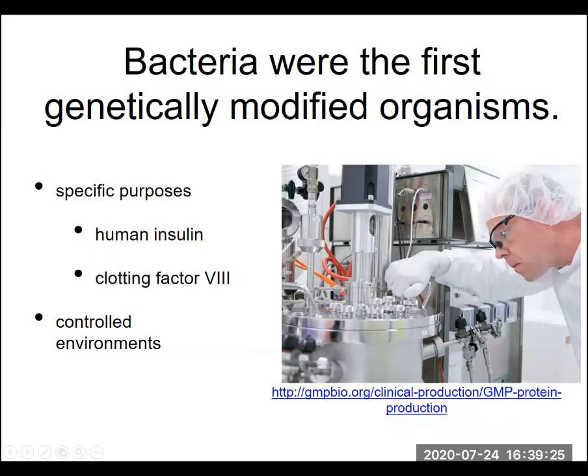Both of these were getting bacteria to express this human gene and produce the human protein, either insulin or clotting factor, which makes it less problematic. It's not going to cause an immune system response like a pig insulin. It doesn't have the infectious disease risks associated with it, like the clotting factors.